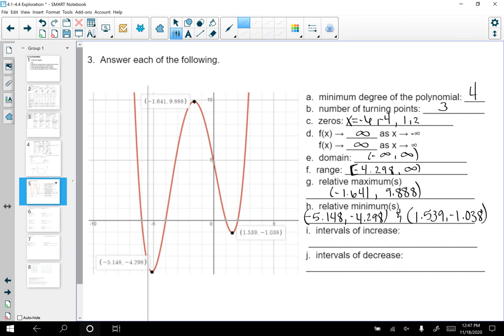Okay, so now where's our graph increasing? Here we have decrease, here we have increase. Okay, so from here we're looking at the x values, -5.148 to -1.641.